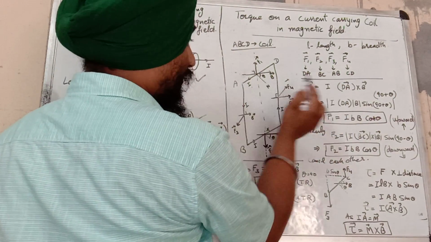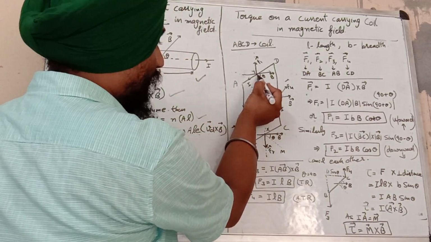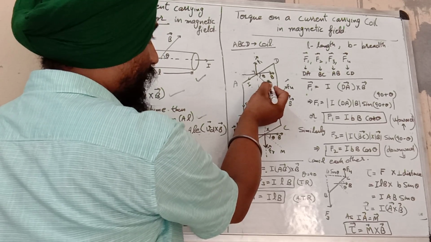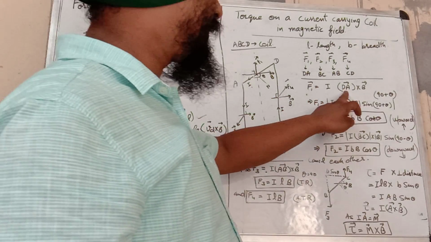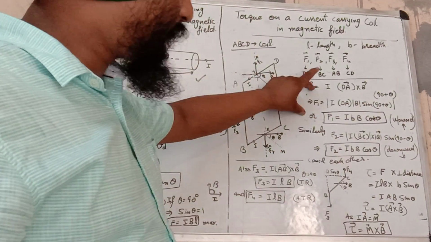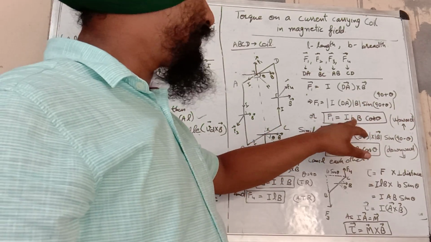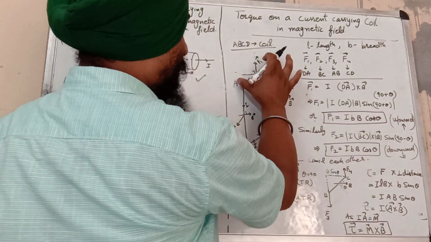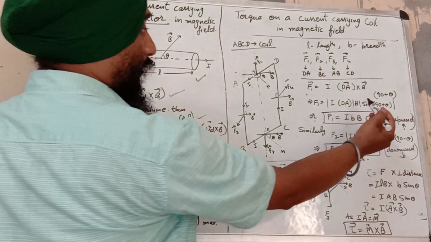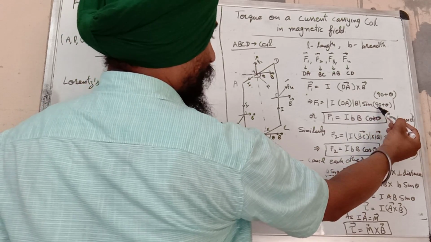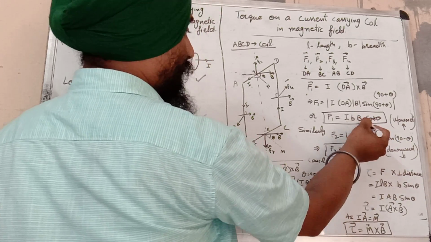The total angle between DA and B is 90 plus theta, where theta is the angle with the normal. So F1 becomes I DA B sin(90 plus theta), which becomes I b B cos theta, because DA is the breadth b of the coil and L is its length.